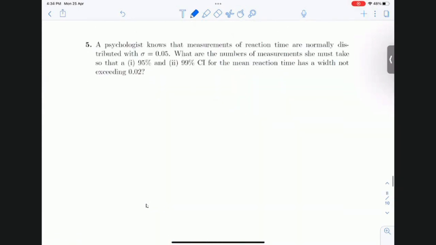So maybe we consider question number 5. Question number 5 is a little bit different because we are not asked to find the confidence interval, but this question is related to confidence interval. Actually, it is the sample size determination.